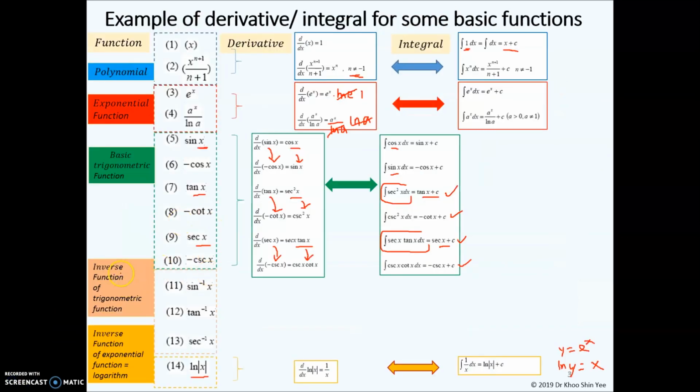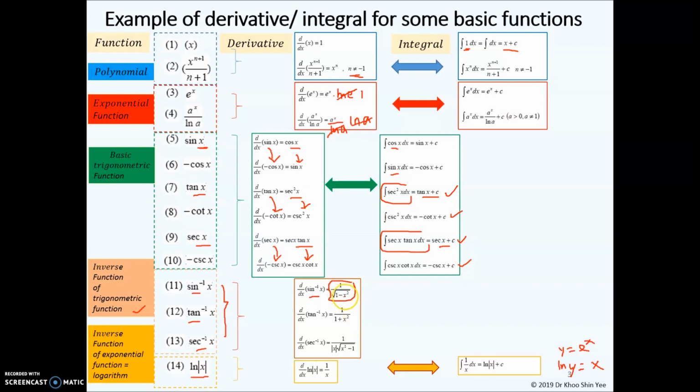Let's continue with the inverse functions of trigonometric functions, which are these three terms. These are the inverse functions for sine, tangent, and secant. If we differentiate the inverse function for sine, you get something in a polynomial function.